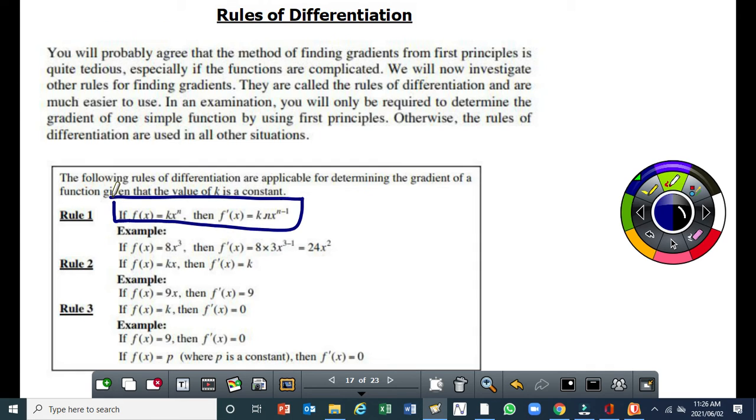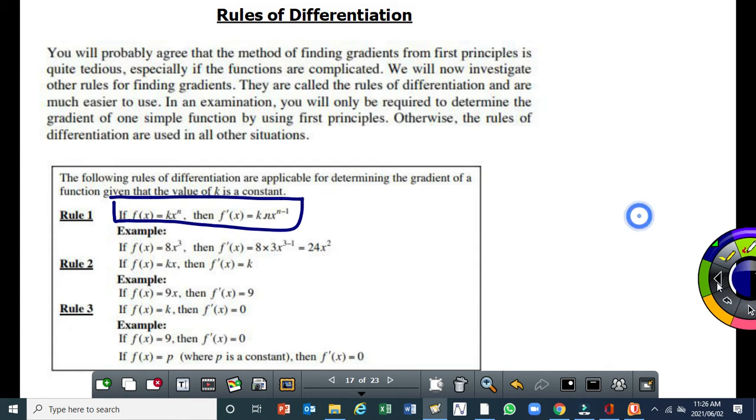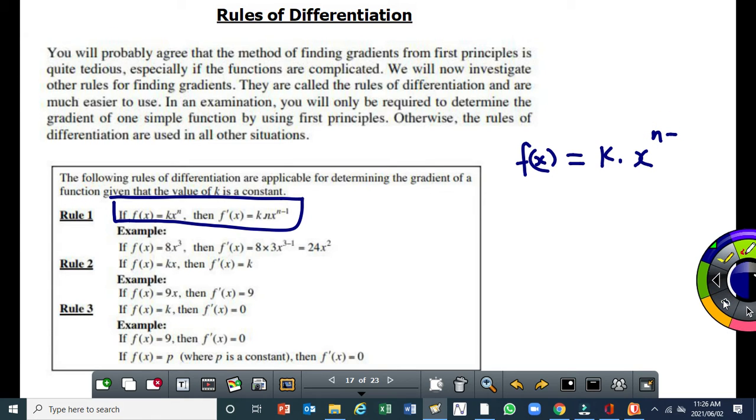If you are given a function, say f of x equal to a constant k times x to the power of n, according to the first rule, if you want to find the derivative, please pay attention here. Your knowledge of exponents is extremely important when you're finding the derivative using rules.